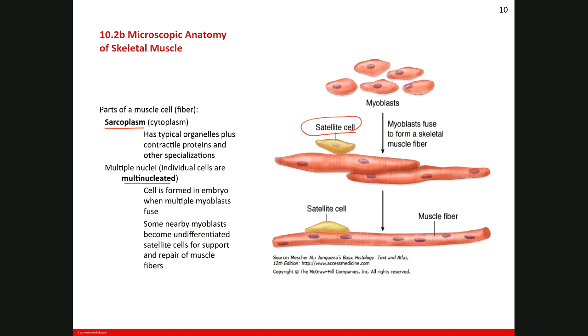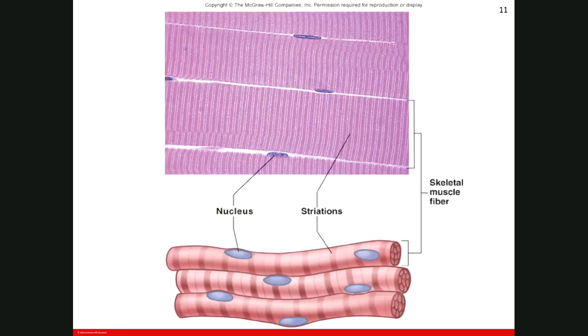Sometimes the degree of injury is high and we cannot have regeneration because we miss some of our satellite cells, and at that time connective tissue comes and fills the gap. But the satellite cells themselves can do mitotic division and increase their numbers. Then the myoblasts produced from them can join together and make muscle fibers, and they can do repair and regeneration when we have any problem for our muscles.